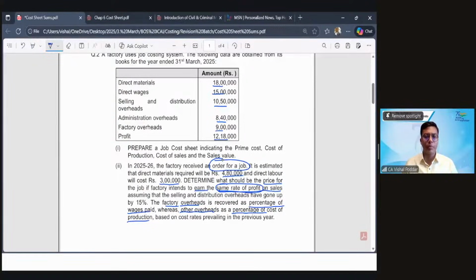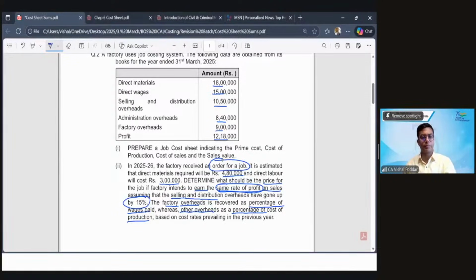Only one cost has changed, that is selling and distribution overheads have gone up by 15%. So keeping these changes in mind, you have to determine the price of this new job. So 480 is material and 3 lakhs is the labor.